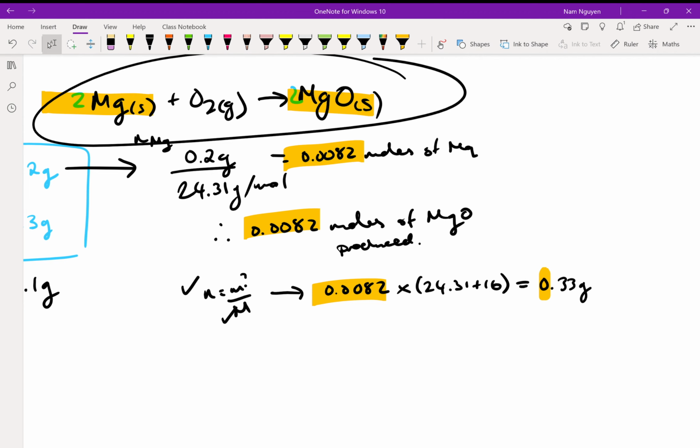What we did was we calculated how many grams of magnesium oxide I should have produced if everything went perfectly. I should have made this much. So I did that by balancing the equation, figuring out the mole ratio.